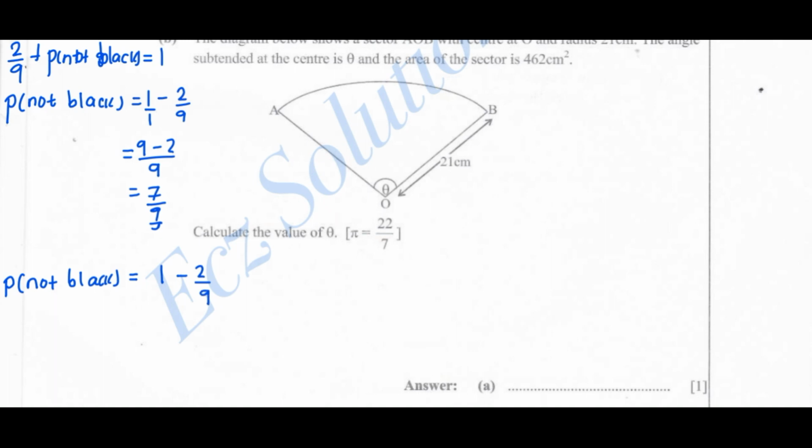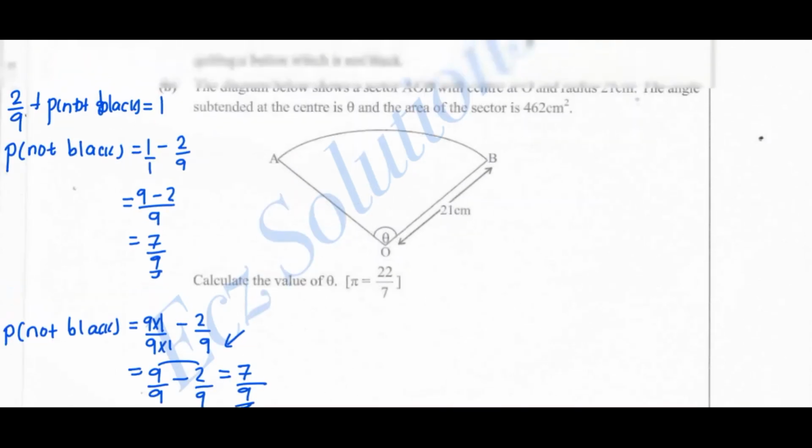You can just focus on the denominator here, which is 9. So we multiply 1 by 9 over 9, so that 1 becomes 9/9, minus 2/9. We know that 9 minus 2 gives us 7, then over 9. So you can simplify it like that.